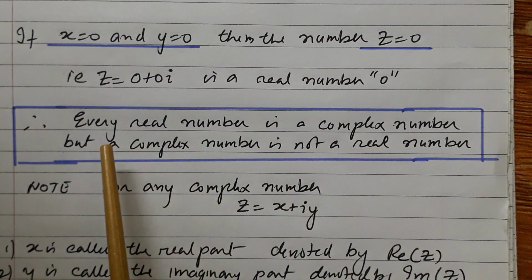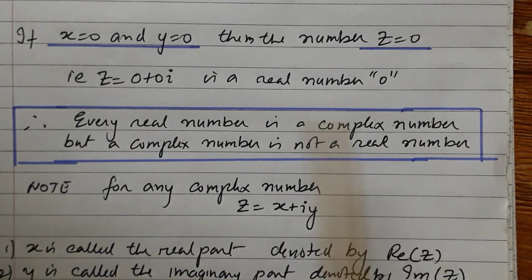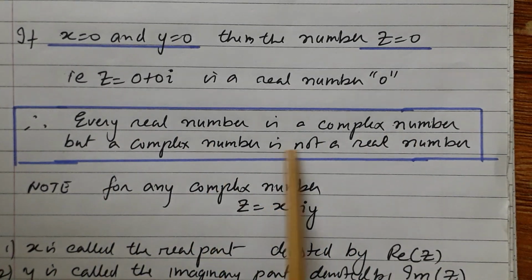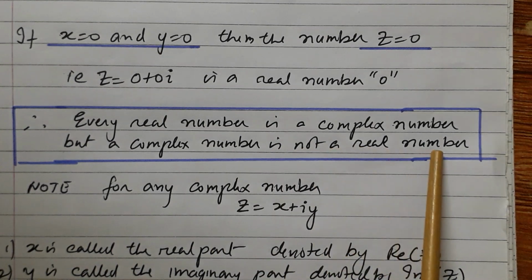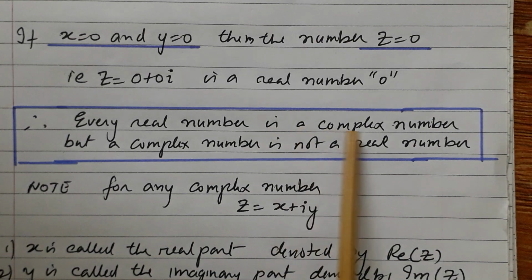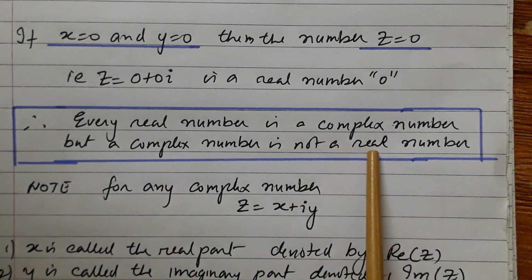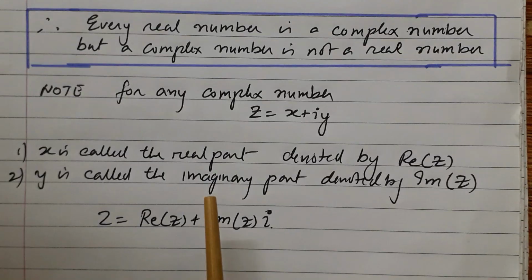So now we can say that every real number is a complex number, but a complex number is not necessarily a real number, because a real number can be expressed as a complex number.